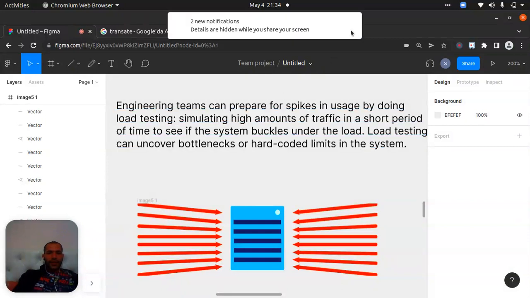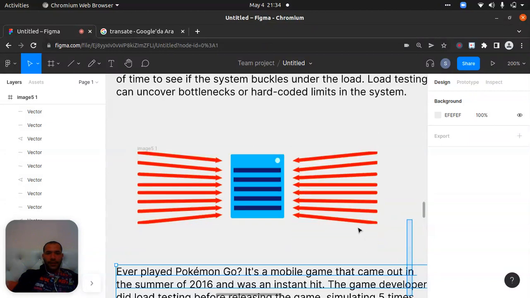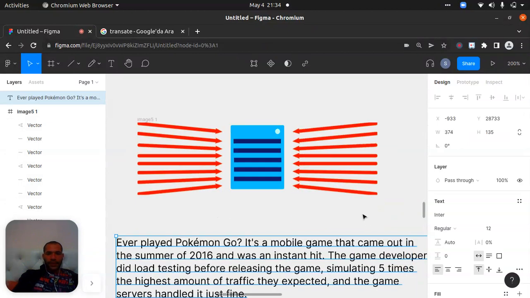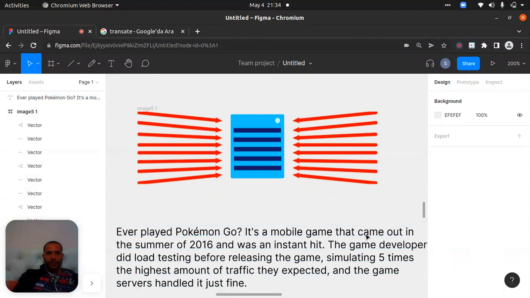Load testing can uncover bottlenecks or hard-coded limits in the system, which is everyone joining. Like you can see, scalability. So, just some demonstration.